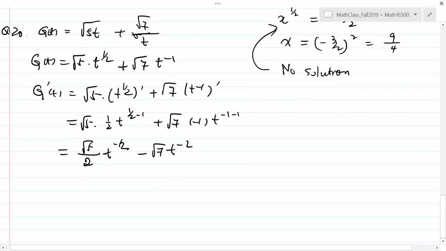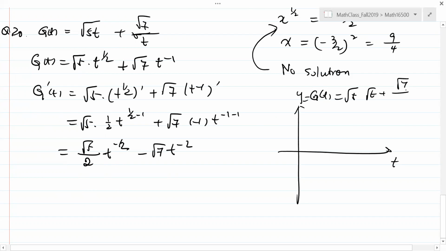For this problem, if you want to find where g prime is 0, okay, it has a solution. Why? Think about that. This is a graph, t and y equals g over t, right? G over t is going to be square root of 5 square root of t plus square root of 7 over t.